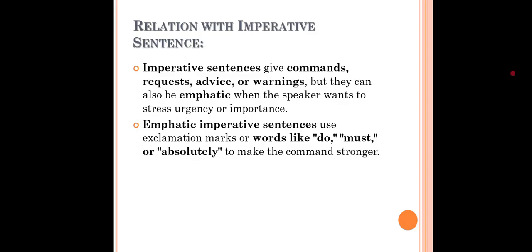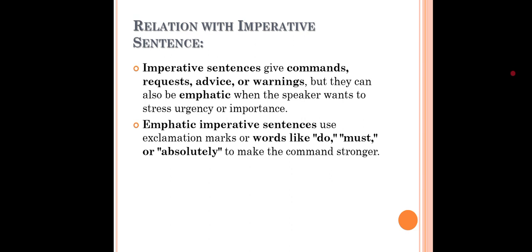And the second one, emphatic imperative sentences use exclamation marks or words like do, must or absolutely to make the command stronger. So both of these sentences are similar, but the common difference between these two is, the imperative sentences are not conveying any stronger messages, but on the other hand, emphatic sentences are conveying some stronger messages, stronger command.